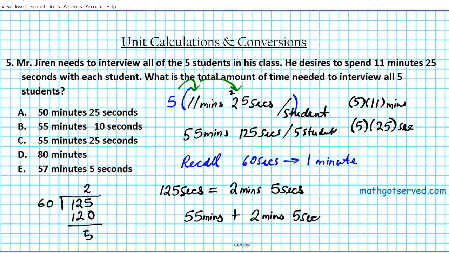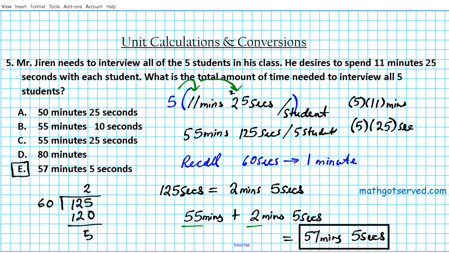So we're going to combine the minutes part, 55 and 2, those are the minutes, and then just bring down the 5 seconds component. All right, if we carry out that addition, that's going to give us 57 minutes and 5 seconds. So this is the total amount of time needed to interview all 5 students. Okay, so the answer to this question is option letter E.